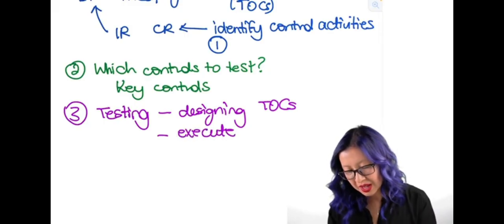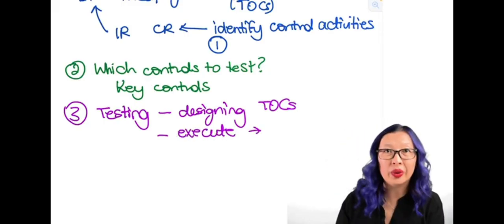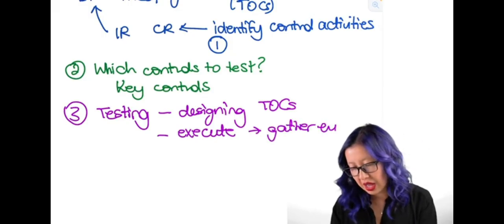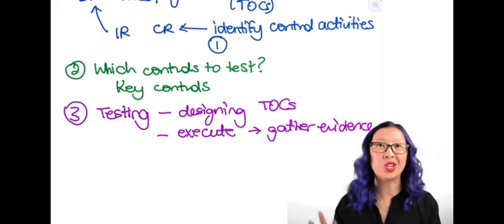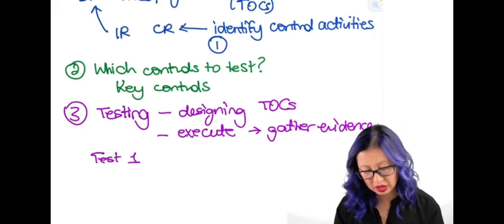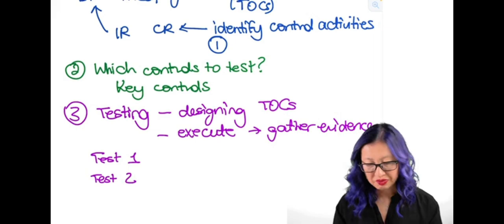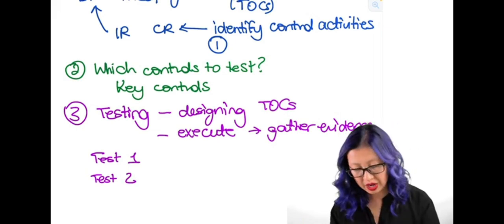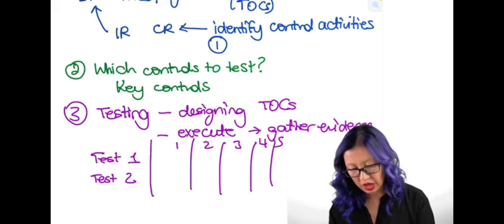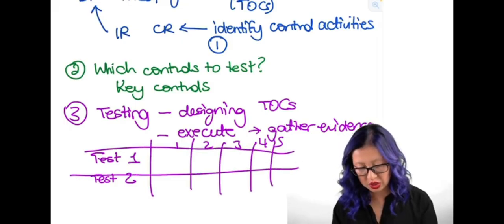Executing them is really just the process you use of following the test of control to help you gather evidence. Now, the question here becomes, what do you gather? You find out for each test, test 1, test 2, is the control working or not? You might collect 1, 2, 3, 4, 5, and you've got a little matrix here of all of your different procedures.